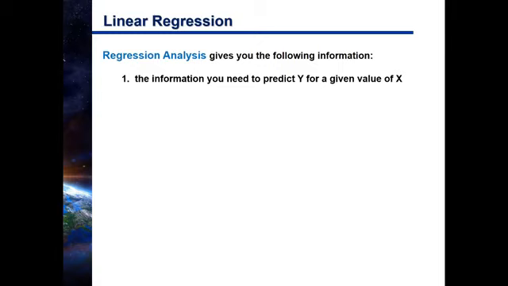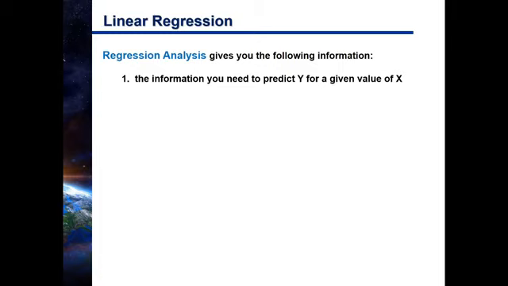When we run a correlation, it doesn't matter which variable you want to call X and which variable you want to call Y. It really makes no difference. The R value is not going to change. But with regression analysis, it does matter. You have to know which variable is going to be X and which is Y. X is the variable we call the predictor. All right, it's the variable that we're going to use to make our prediction.